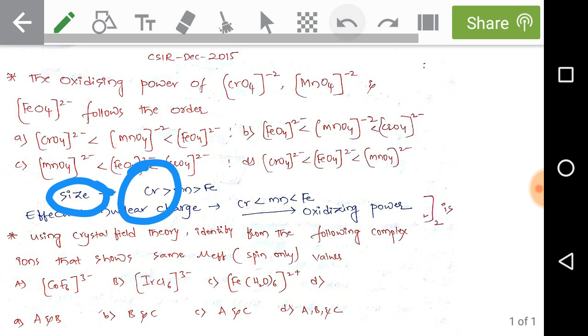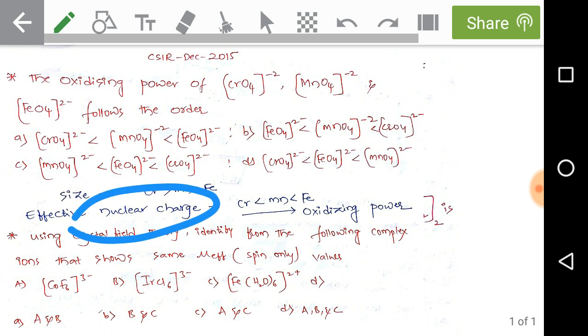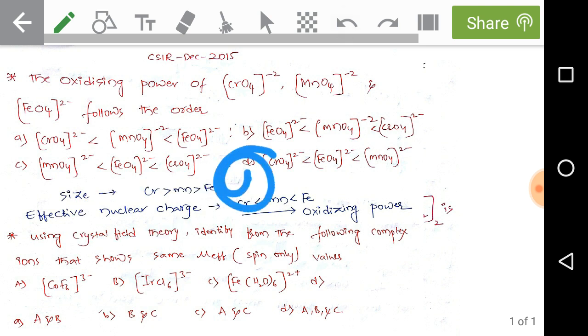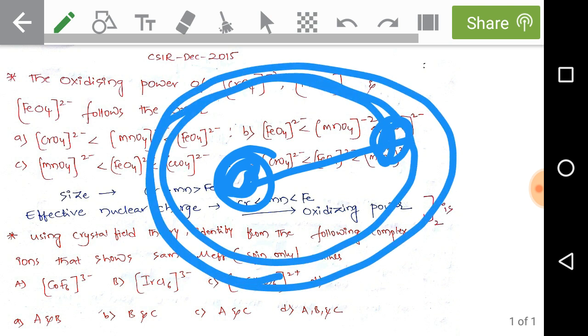Now whenever the size is smaller, the nuclear charge, or effective nuclear charge, is more on the particular metal or element. What is effective nuclear charge? Simply, we know that the nucleus has its attraction effect on the electrons which are revolving in the orbitals.